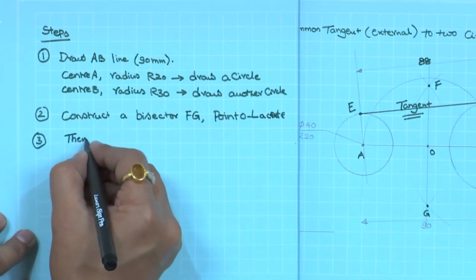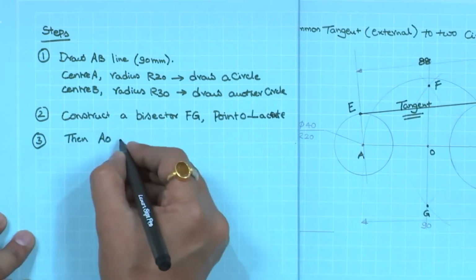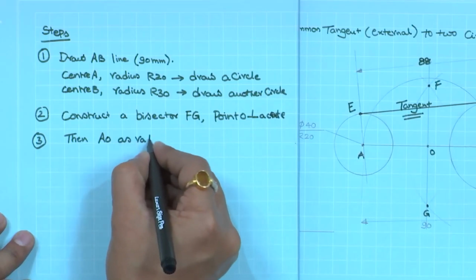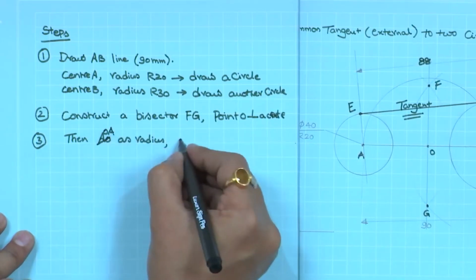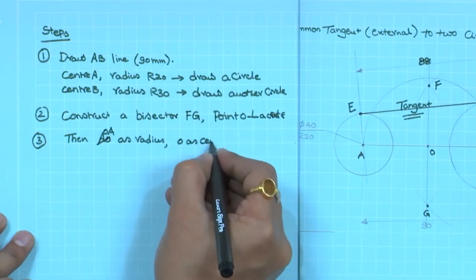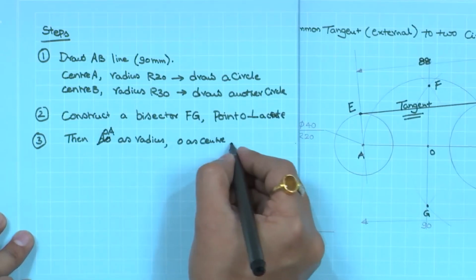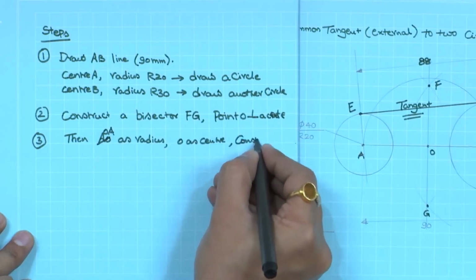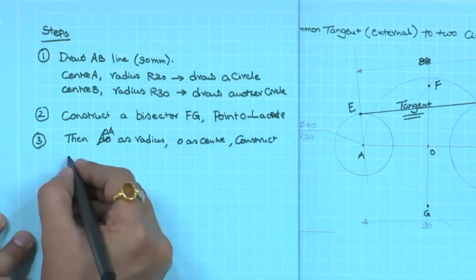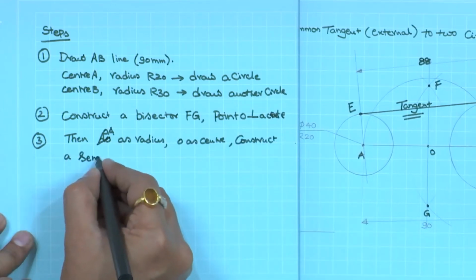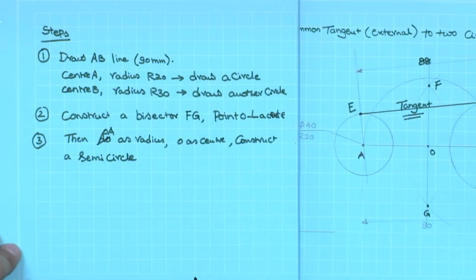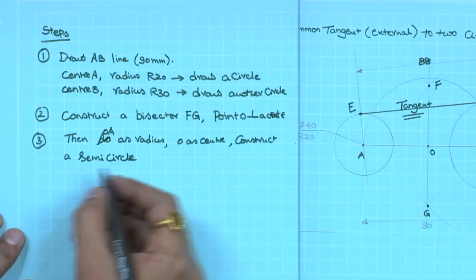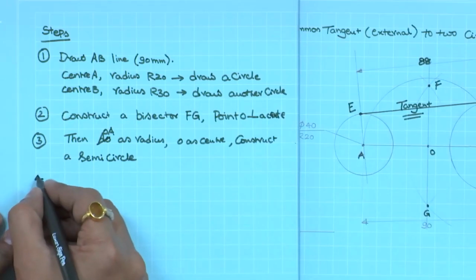Then with OA as radius, that means O as center, construct a semicircle passing through A and B points.